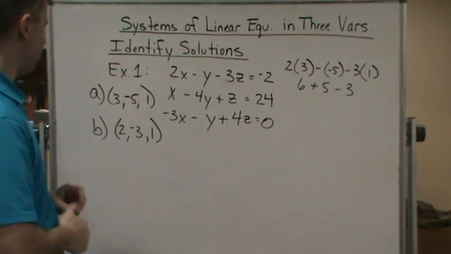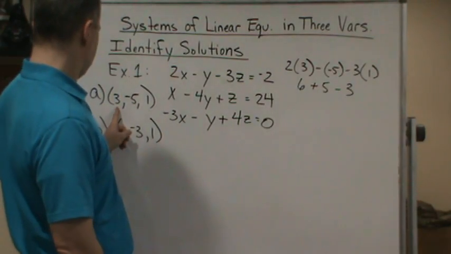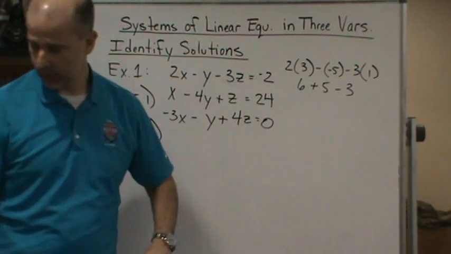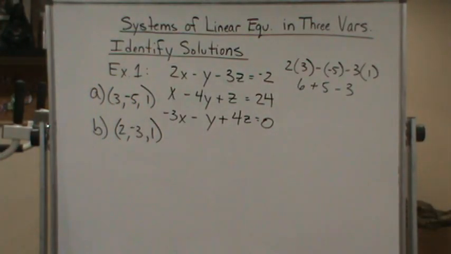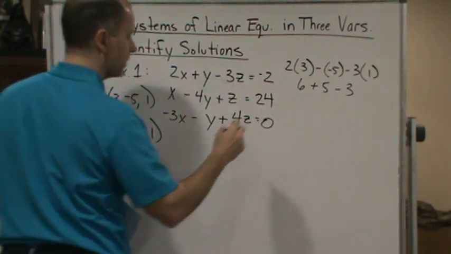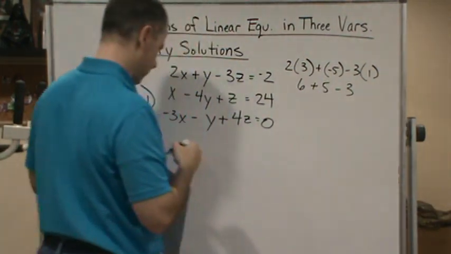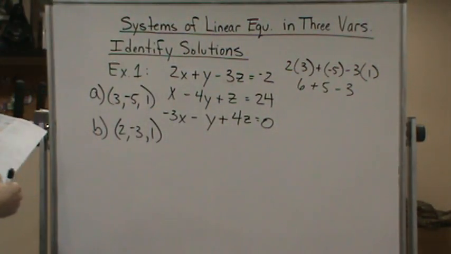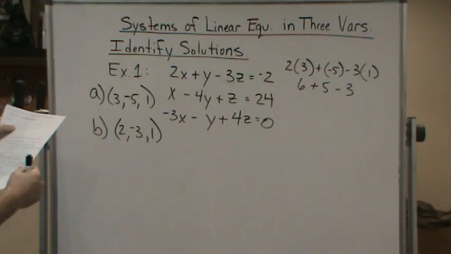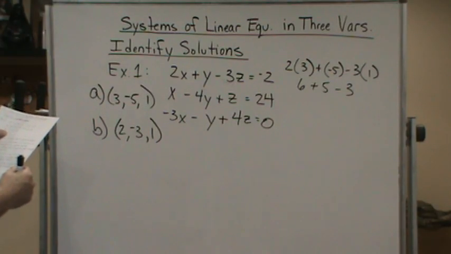So now let me double check to make sure we didn't make a mistake, and make sure I didn't write this down incorrectly. Oh, I'm sorry, I did. This should be a plus, which means that's a plus. Let me make sure, because it looked like a subtraction. So it's 2x minus y minus 3z, x minus 4y plus z, and -3x minus y plus 4z.